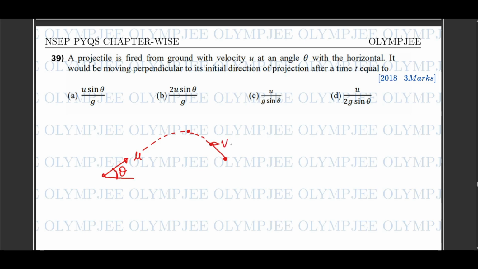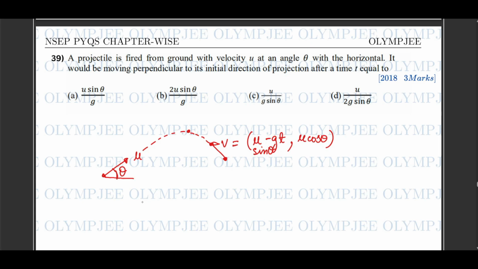So the velocity v at any time instant can be given as u cos theta and u sin theta minus gt, because the x component of velocity never changes in projectile motion, because there is no force in the x direction.